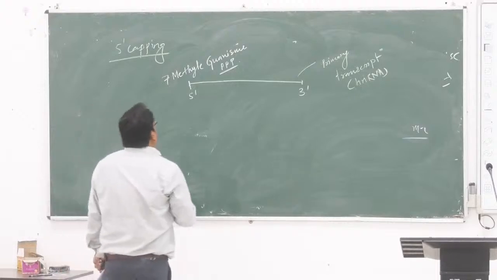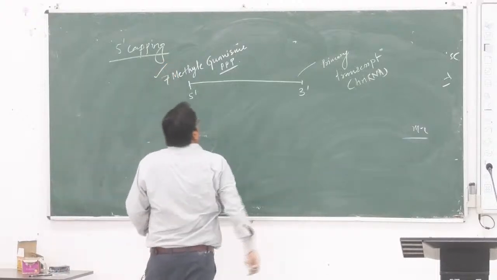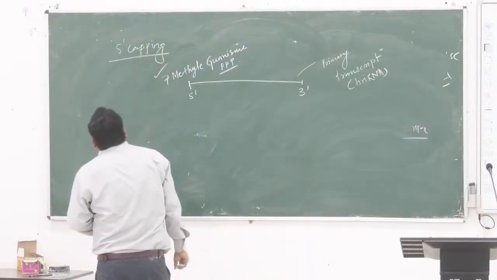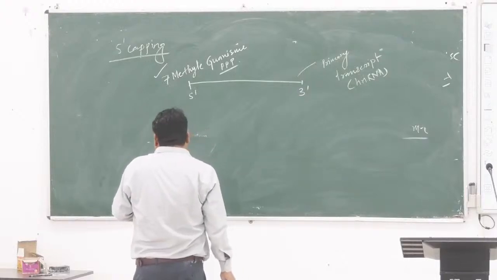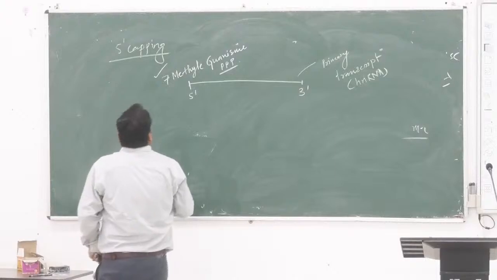Attachment of 7-methyl guanosine triphosphate at the 5' end, and we call this step 5' capping.